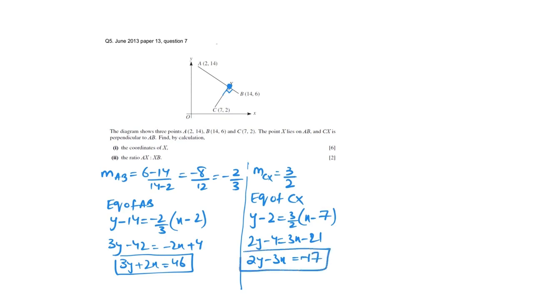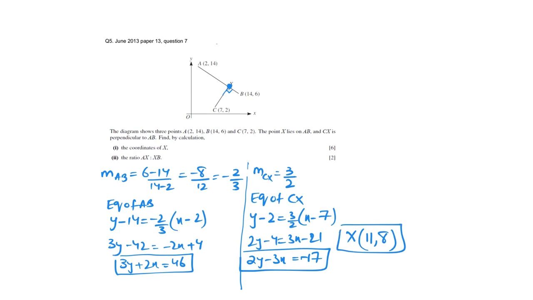That's your equation for CX. If you solve them simultaneously, you will get the coordinates of X, which come out to be 11, 8.